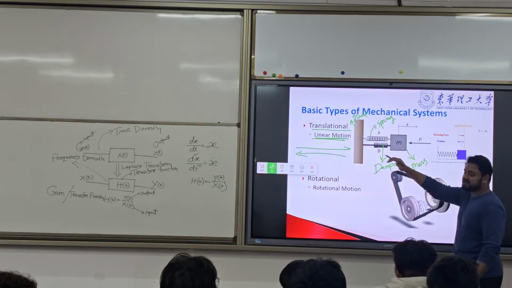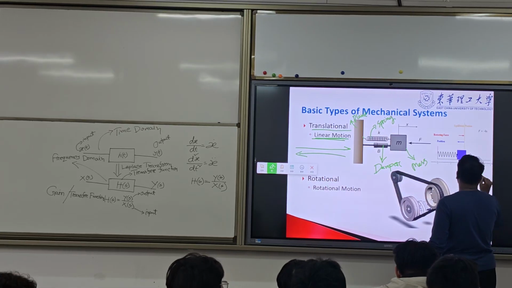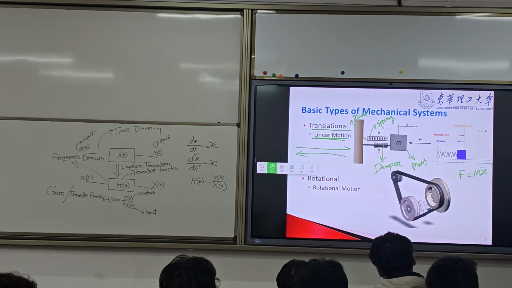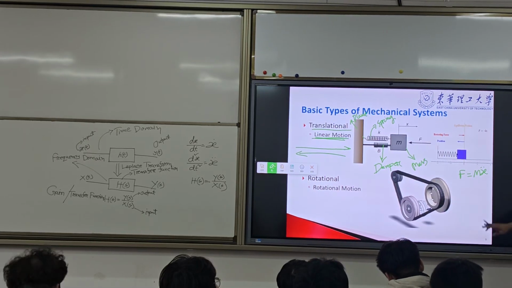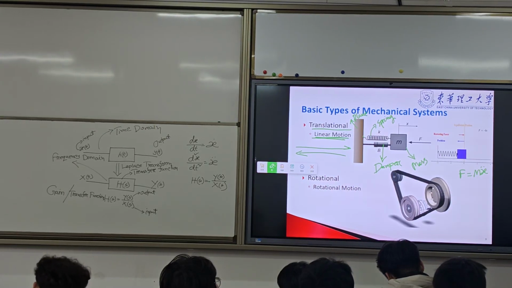And in our previous slide we have seen that F is equal to m x double dot. In linear motion, while you apply a force to a mass, there will be a displacement, which we just saw in our previous slide.